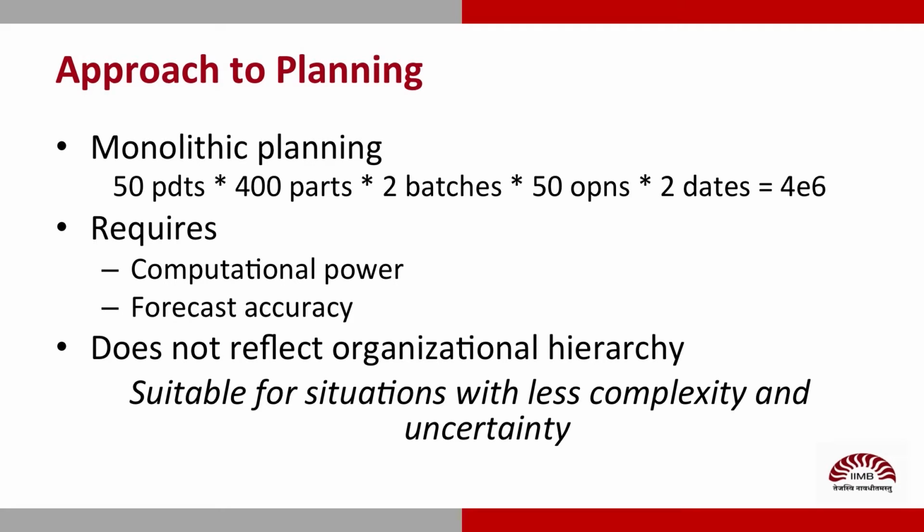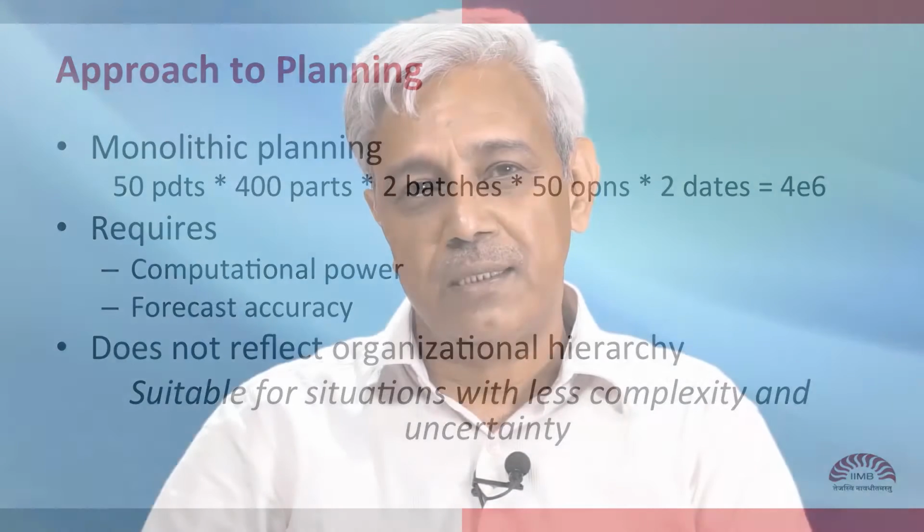These parts we are talking about only manufacturing parts, not the bought out finished items, and each part per year possibly could be made in several batches, but we are making a very modest assumption that each part is made in 2 batches per year, and each such batch as it goes through the shop floor for manufacture might require several operations. 100 and above is not uncommon, but we are making a modest assumption of about 50 operations, and for each such operation we have a start and finish date.